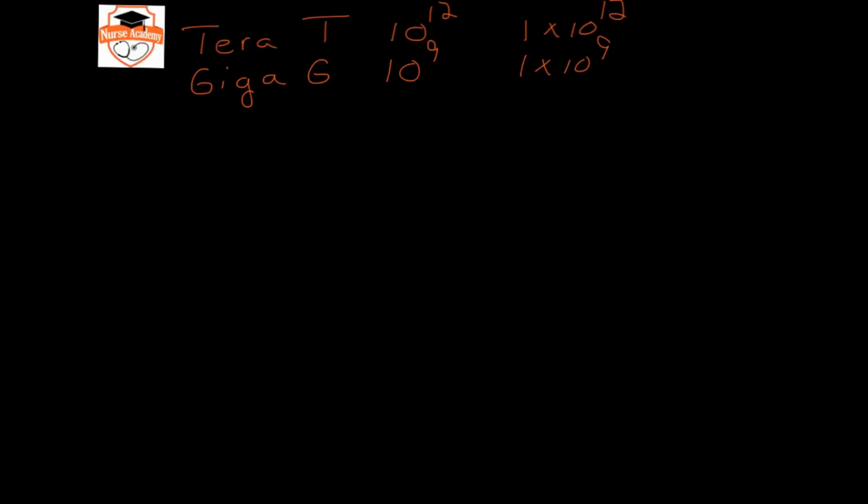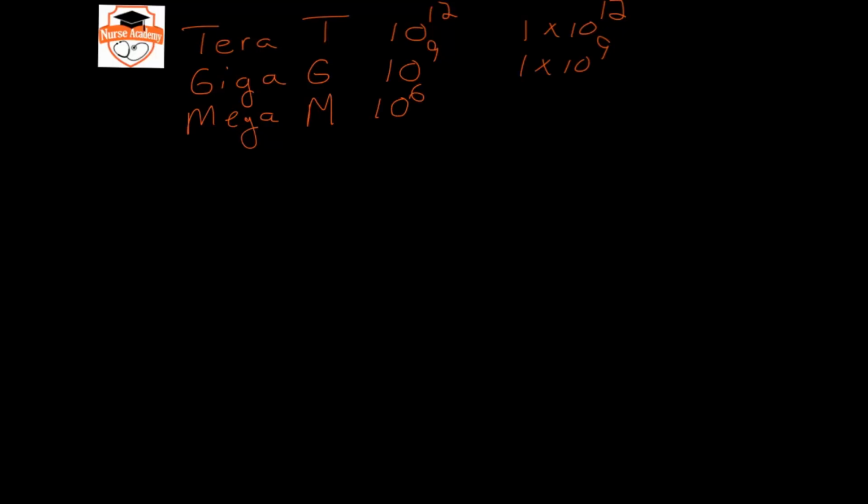Very few people have them memorized, because after we get to big enough numbers, we start looking at differences of factors of 1,000, or 3 zeros, rather than a factor of 10, because it's just more efficient that way.